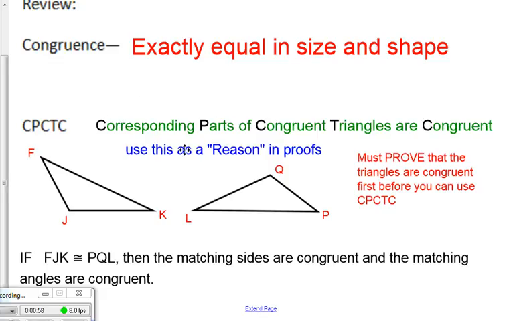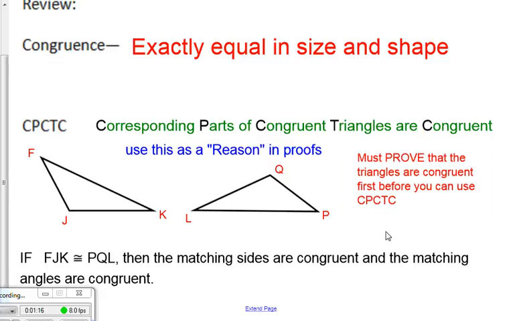So it might be useful to write this down, that you use it as a reason in your proofs to say, okay, first I can show that these two triangles are the exact same triangle. Now I can say then, okay, these pieces are the same from those triangles.